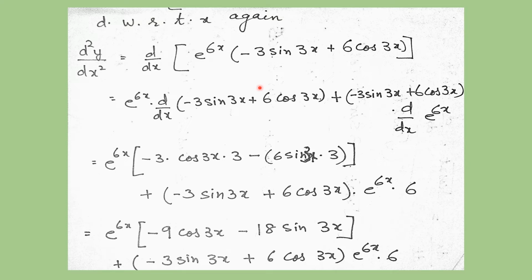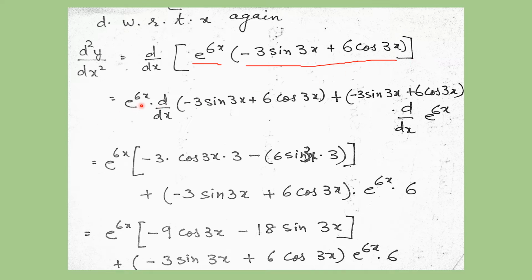Now I repeat that, you will be applying UV formula, which will be stating that e power 6x is u, one function, and this whole whatever is in the bracket here, minus 3 sine 3x plus 6 cos 3x, this will be v, the second function. Okay, now what generally the student does mistake is they take this UV function. This is not UV function because there is a plus in the middle. Okay, so e power 6x is one function and minus 3 sine 3x plus 6 cos 3x is the second function. So how will you find the derivative?